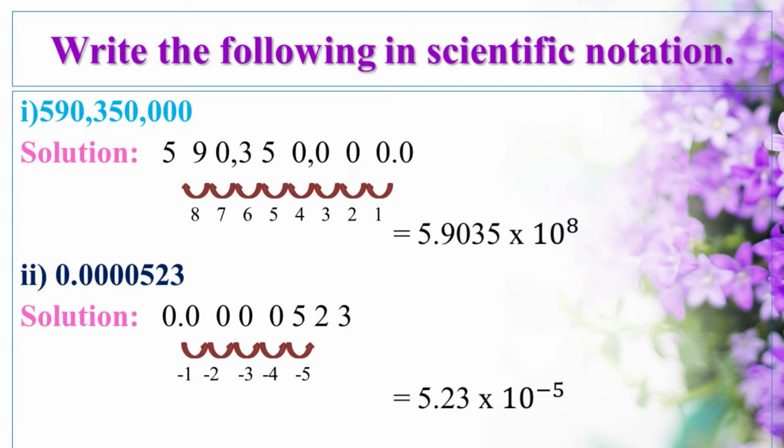And the third point is the power of 10 should be negative or positive according to the movement of the decimal. If we moved from right to left, power should be positive, or if we moved from left to right, the power should be negative. Here we satisfied the third rule also, the power is negative. Okay.